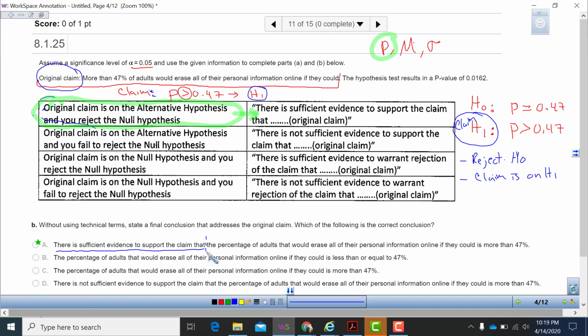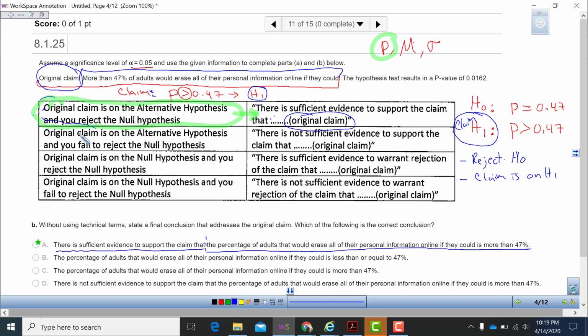So it's right here. That's how you word the conclusion. All you have to do is write this word by word. There is sufficient evidence to support the claim that, and here what goes is the claim. It's a pretty simple method.